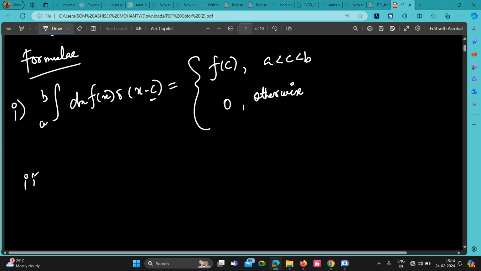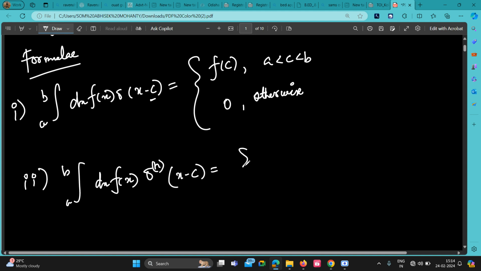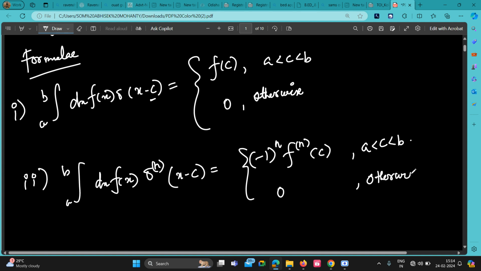And the second formula: integral from a to b of dx f(x) delta^(n)(x minus c) is equal to minus 1 to the power n f^(n)(c), if c is between a and b, and 0 otherwise. Is it alright?